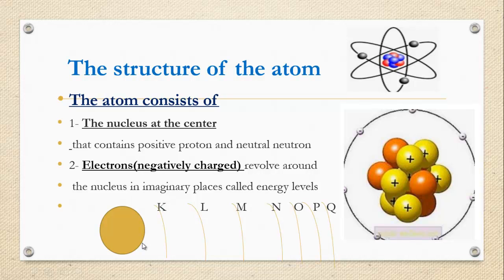Around the nucleus, we have imaginary places called energy levels, which are K, L, M, N, O, P, Q. The heaviest atom contains 7 principal energy levels.